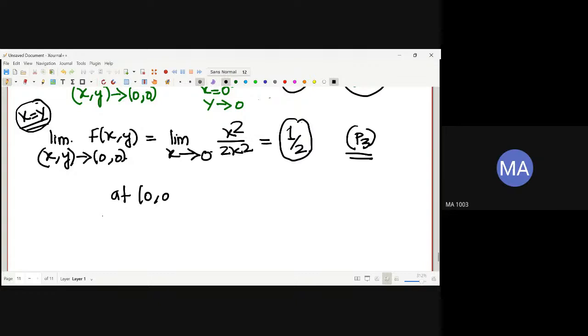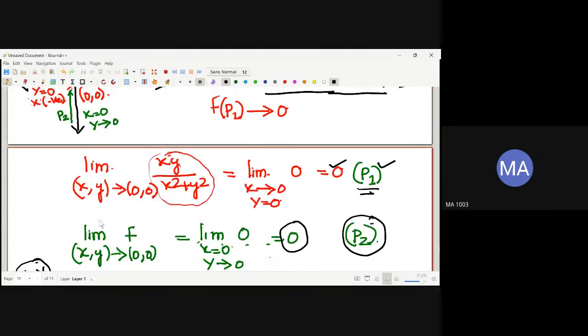Let me say it again. By checking a finite number of paths, you can't say anything about the limit; you can't say that the limit exists. To say that the limit exists, you have to give a mathematical proof, because you cannot check all the paths, since there are infinitely many paths and you would have to consider infinitely many cases.